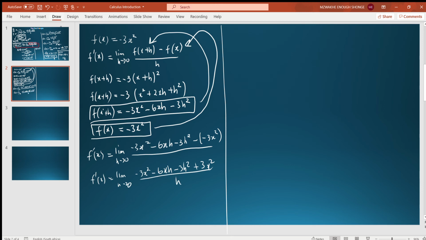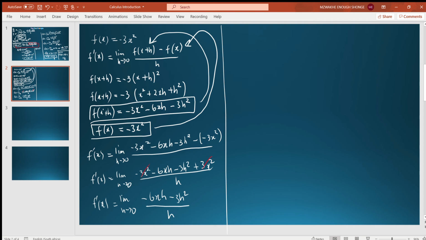Now minus 3x squared and 3x squared cancel each other, because minus 3x squared plus 3x squared is 0. So next step, f prime of x equals the limit as h approaches 0 of minus 6xh minus 3h squared all over h.